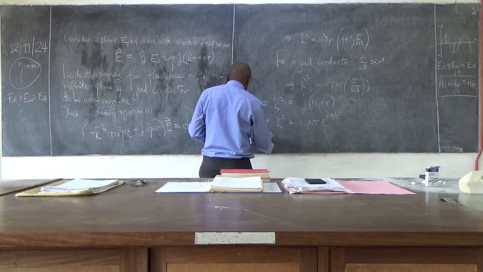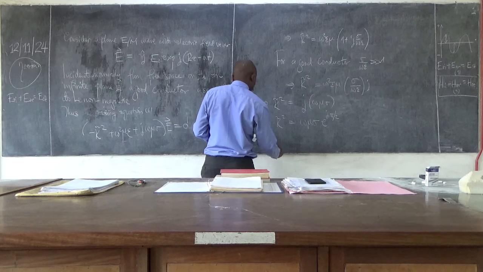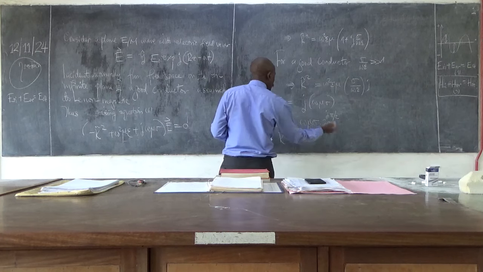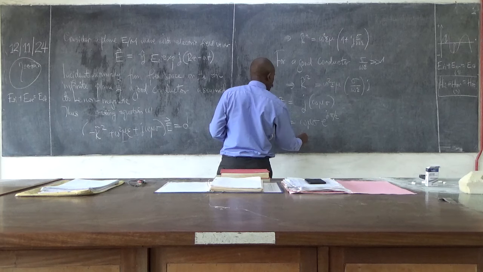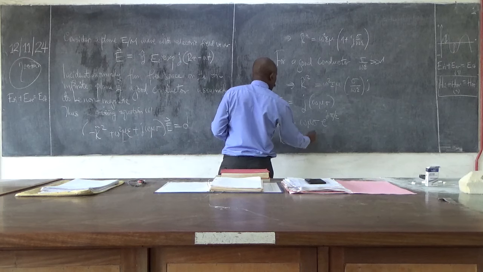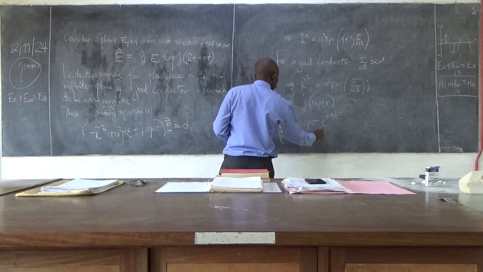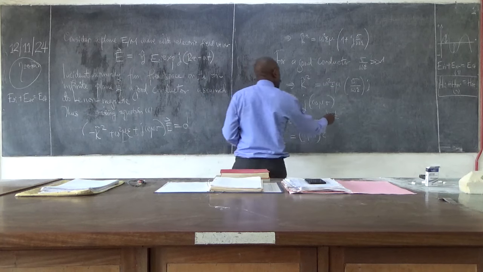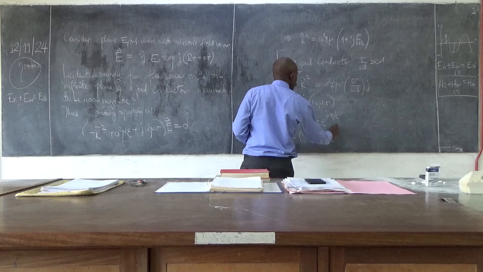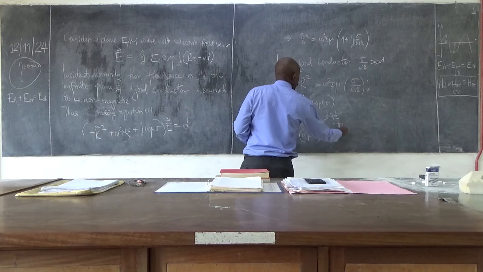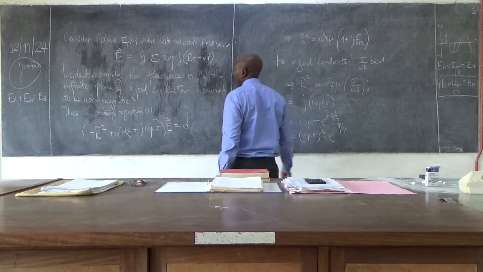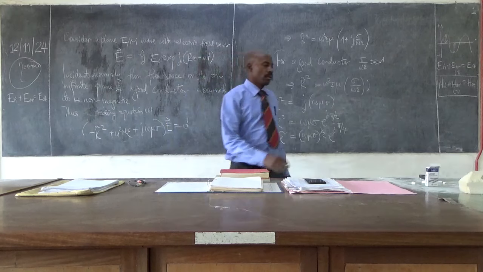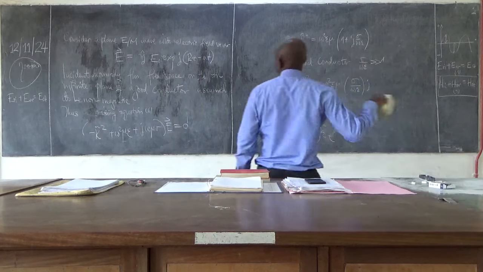So this would imply that k wave is equal to, we take the square root, omega mu sigma to the half, and then this j, when we take the square root, becomes exponential j pi over 4, because we are multiplying by half.